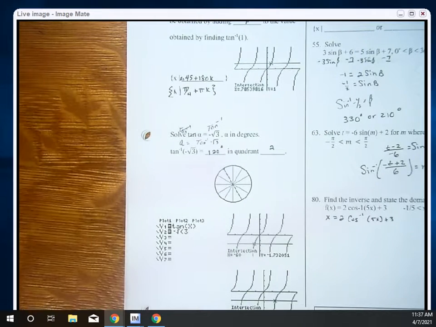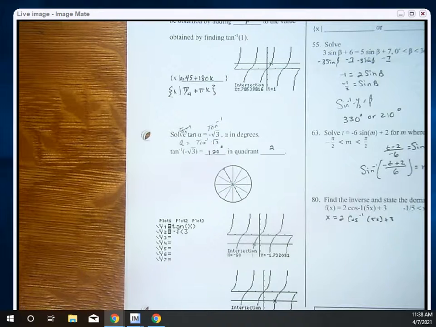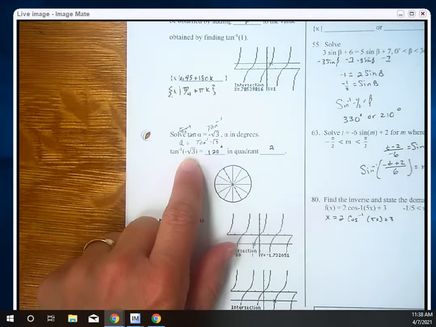And what I told them yesterday was not in your note cards, but somewhere on your note-taking guide, you might want to write down those values for tangent and cotangent until you get them memorized, okay? So what angle has tangent of negative radical 3?